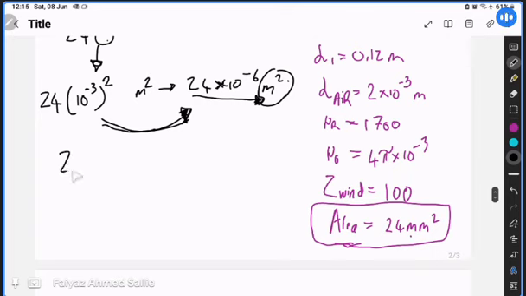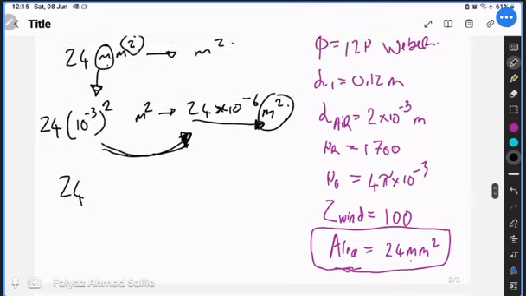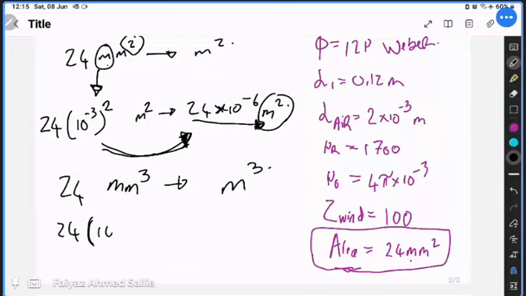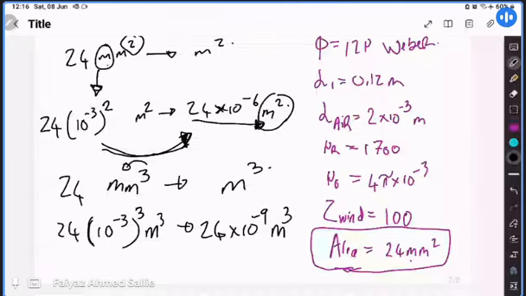If you're given 24 millimeters cubed and you want to convert it to meters cubed, you're going to take 24, remember your engineering tables, 10 to the negative 3. You're going to move this to that side as well, so it's going to be meters cubed. So you're going to have an answer of 24 times 10 to the 3 times 3, which is negative 9 meters cubed. So this will be for fluids.